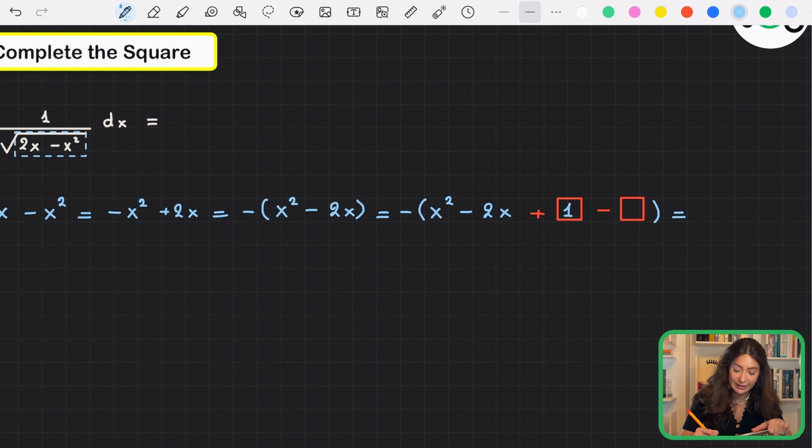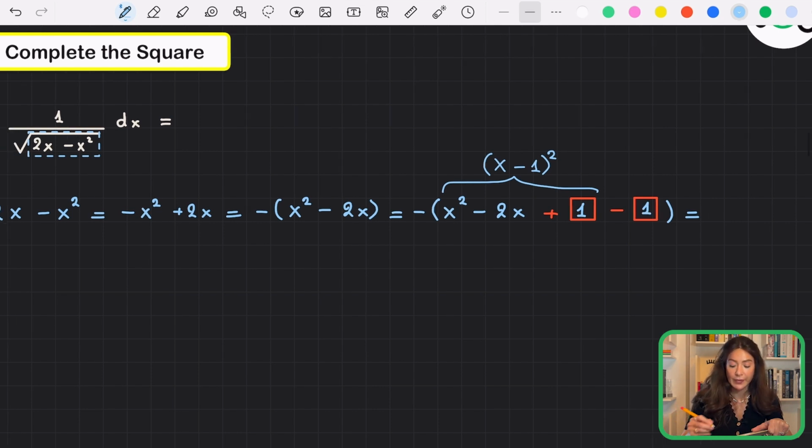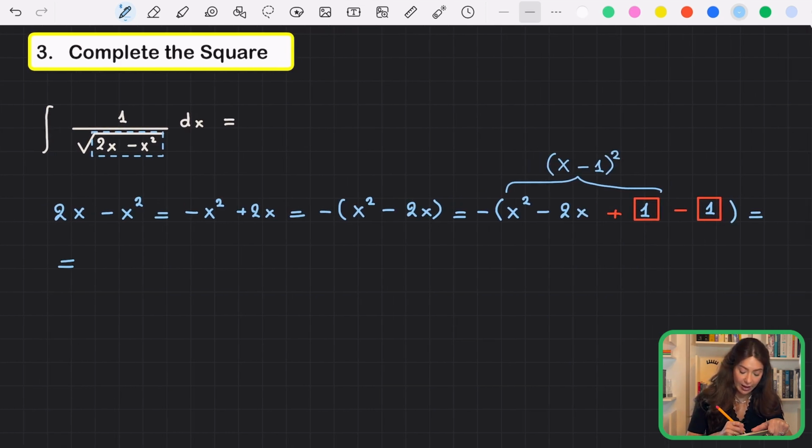So that would be 1. Notice here that this is x minus 1 squared. I completed the square. Of course, I need to also subtract 1, but I think I'm on a right track. X minus 1 squared minus 1.